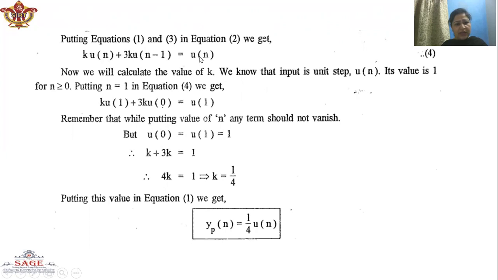All these u(n) values have value 1, so none of these terms vanish. Now if I put n = 1, I'll get K + 3K = 1 and K = 1/4. So for the particular solution, in place of K I'll put 1/4, so K u(n) will be written as 1/4 u(n). So this is how we find the particular solution.